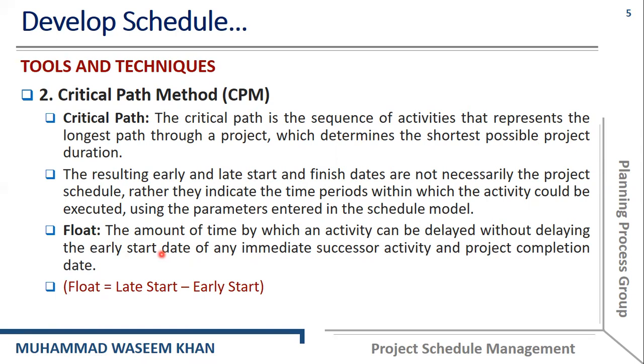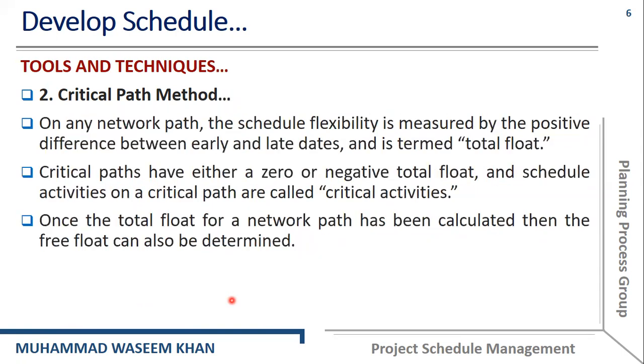So we have these two expressions: float is equal to late start minus early start, and float is equal to late finish minus early finish. We can use both of these expressions for identifying the float or slack of different activities.